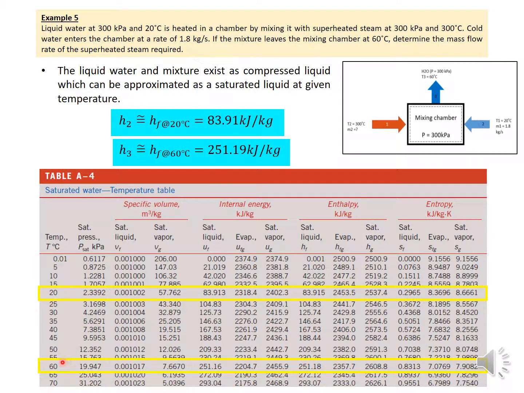Then, for the mixture at the outlet, 60 degrees Celsius, we refer to the temperature, and then we find the enthalpy for saturated liquid. We found that the enthalpy h3 equals 251.18 kilojoule per kilogram.